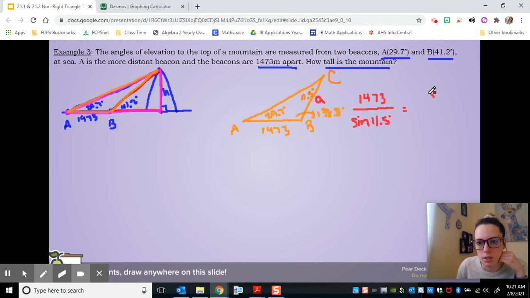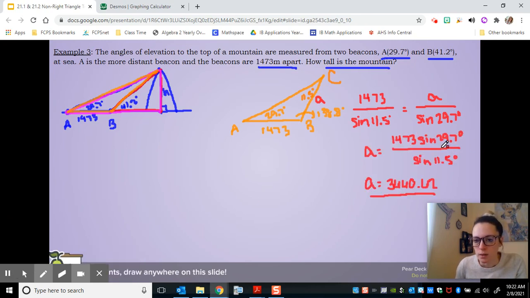So I'm looking for side A divided by the sine of angle A, which is 29.7. Same deal as example 1 and example 2. I'll cross multiply, isolate my variable, and then go to my calculator.